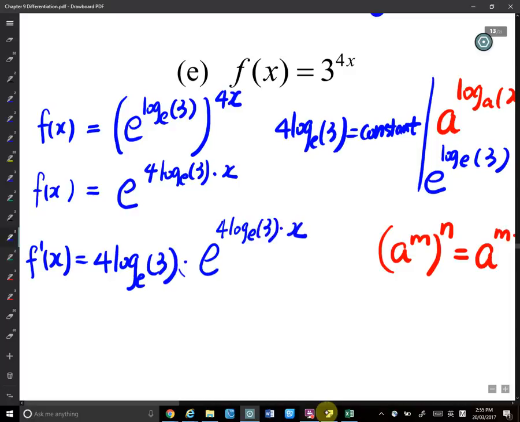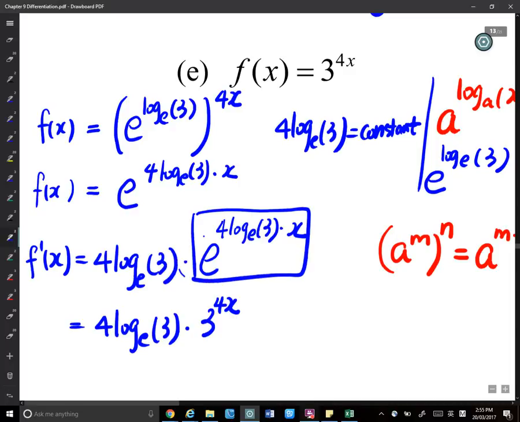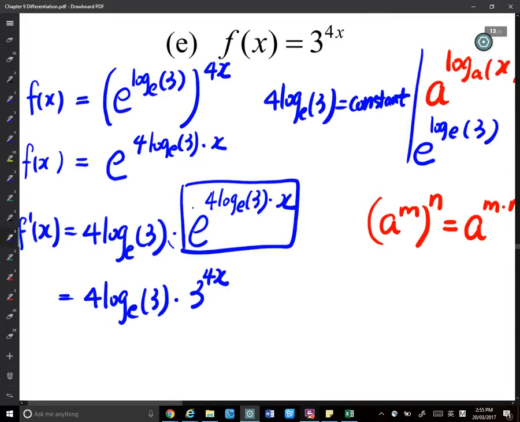And remember that is 3 to the power of 4x. Going back, it is 3 to the power of 4x, that will be equivalent.